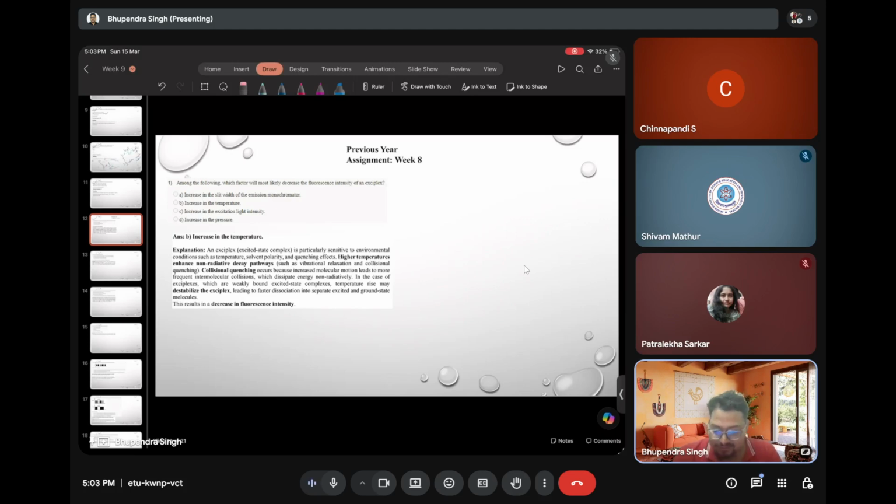She told me once that by modulating the power of the light, by adding a filter or any filters, you can increase or decrease the excitation light intensity. But anyway, it is increasing the excitation light intensity.